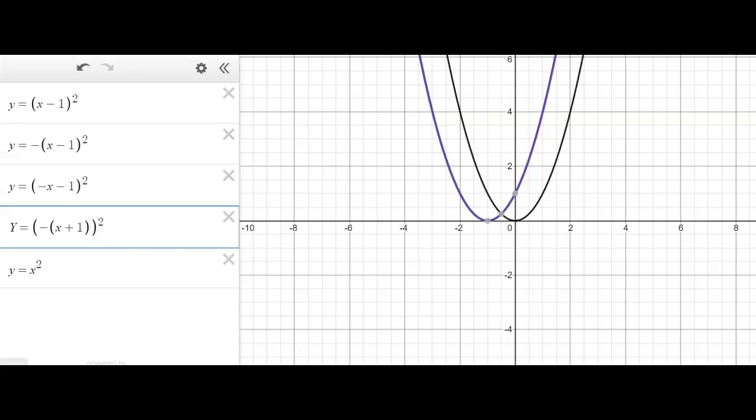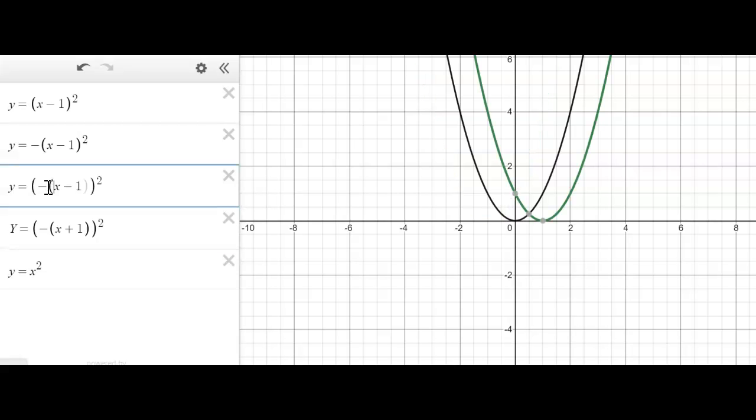So even though with this green graph it's the same thing, if you said it's been reflected and then shifted to the right one, what you're basically doing is saying it's that.